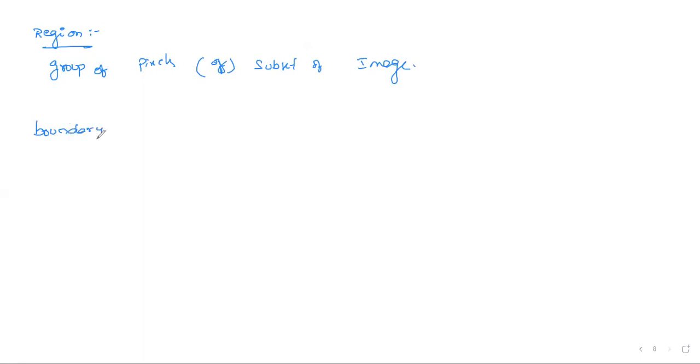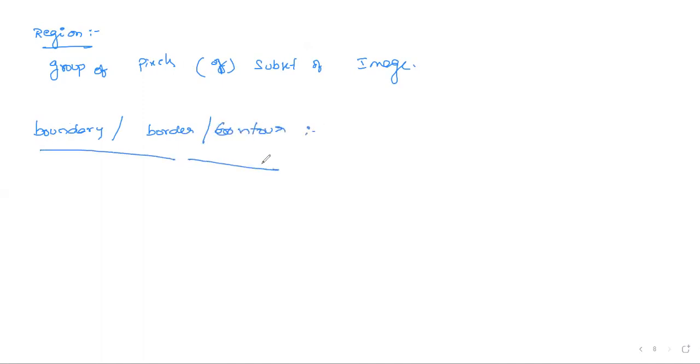Next after connectivity, region. Region is nothing but group of pixels or some subset of image. Group of pixels or subset of image. Next, boundary, also known as border, or also known as contour.